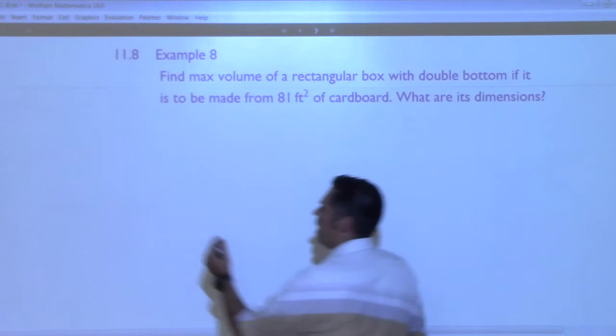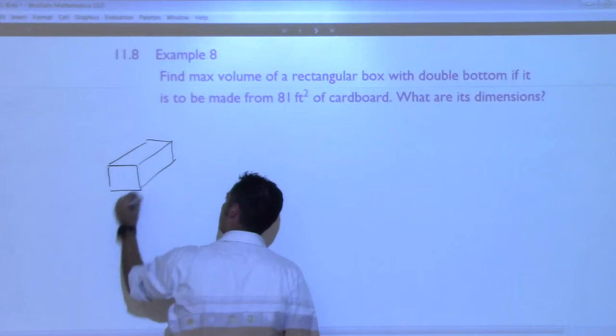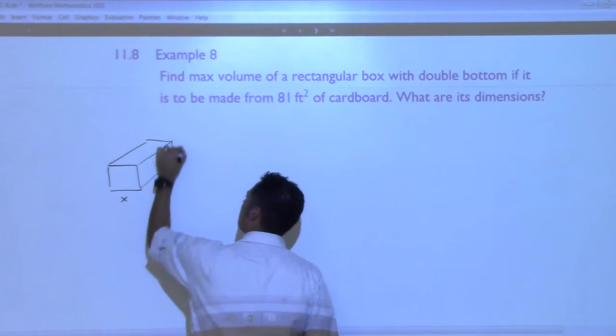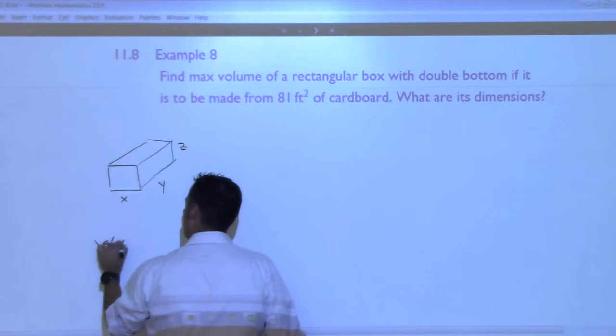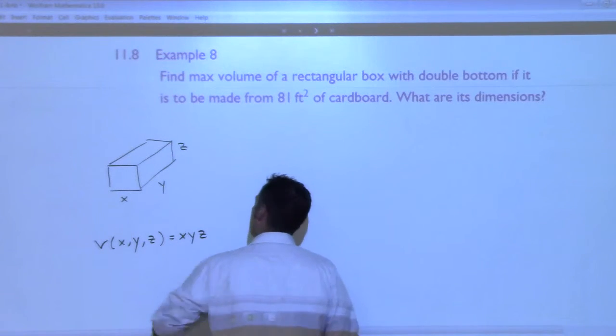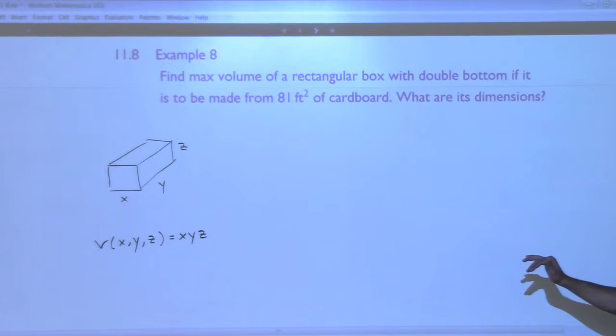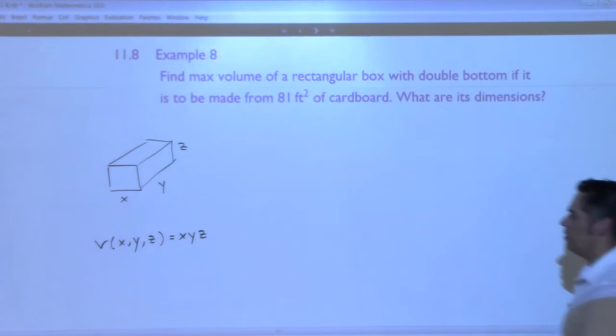So we still have a box like this. We don't know its dimensions. We can still call this x, y, and z because the volume is still just length times width times height. What changes is the constraint. What's the area of this one?